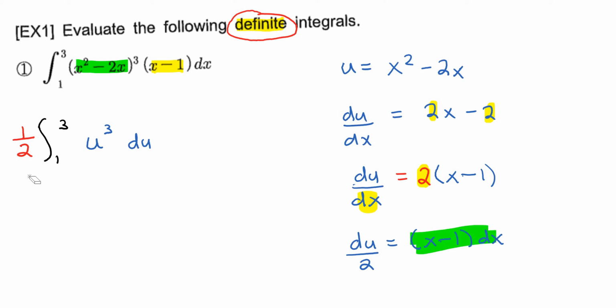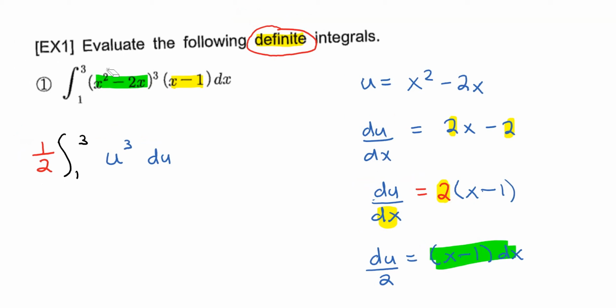Now, I mentioned that the method I'll be using to solve this problem is a method where I change the upper and lower boundaries. Let me go back to the original problem now. So here's the original problem in this orange box. When I take a look at the upper and lower boundaries, the 3 and the 1, that works for the original problem because the original problem is written using the variable x's, right?